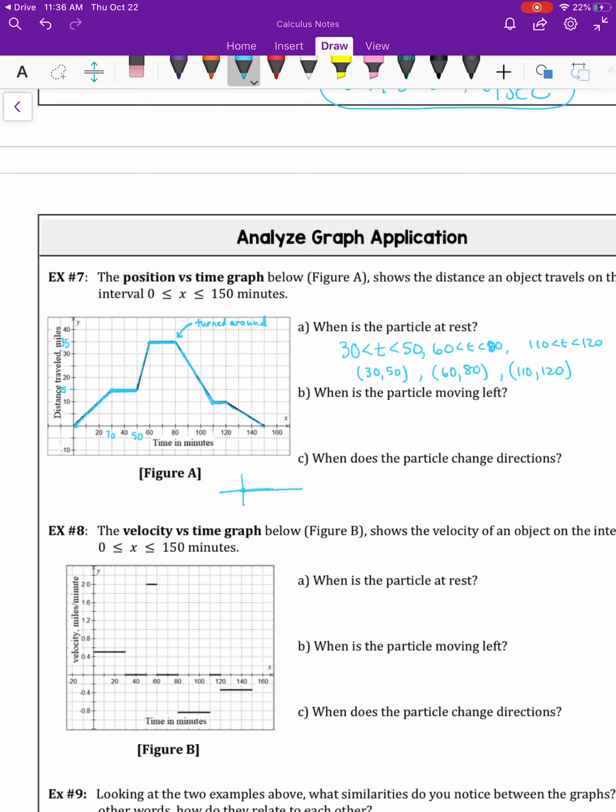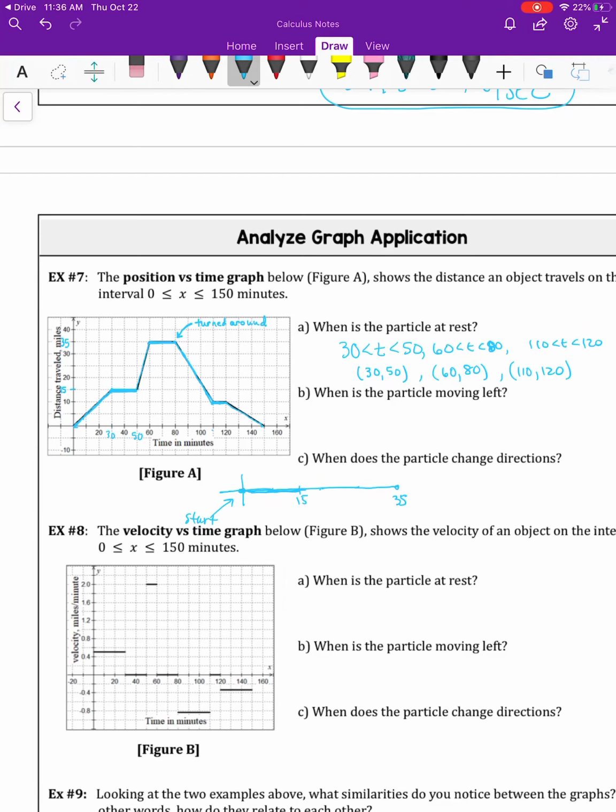So it's like 15 miles away after 30 minutes, right? And then it stays 15 miles away, but then it eventually starts to move and it gets to be 35 miles away from where it started. Remember, this is its starting point, 0, 0 on the number line. So let's pretend this is just a particle that's moving along the number line.